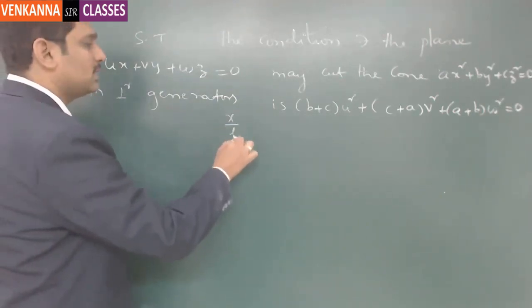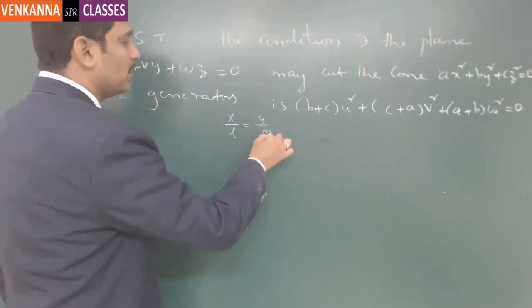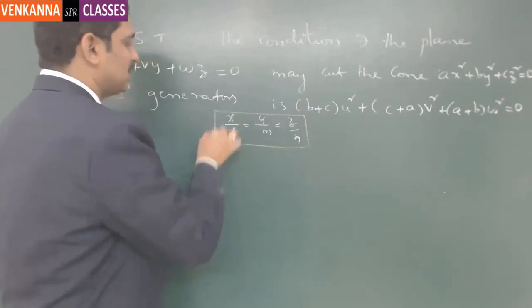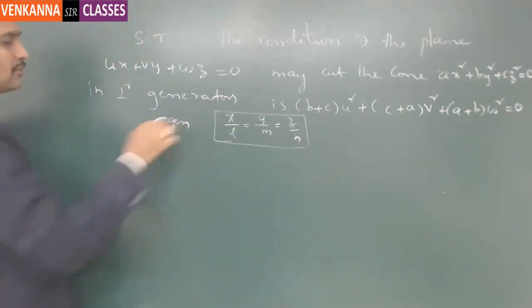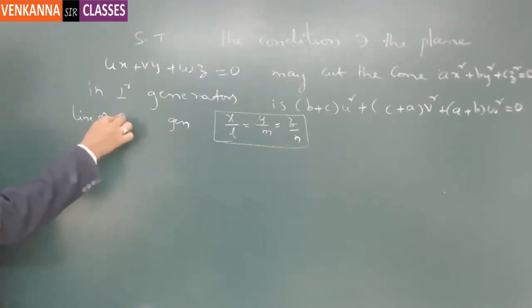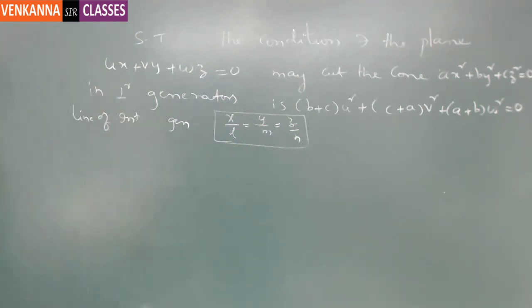So let us take that x by L is equal to y by m is equal to z by n is the generator and also the line of intersection for the cone.